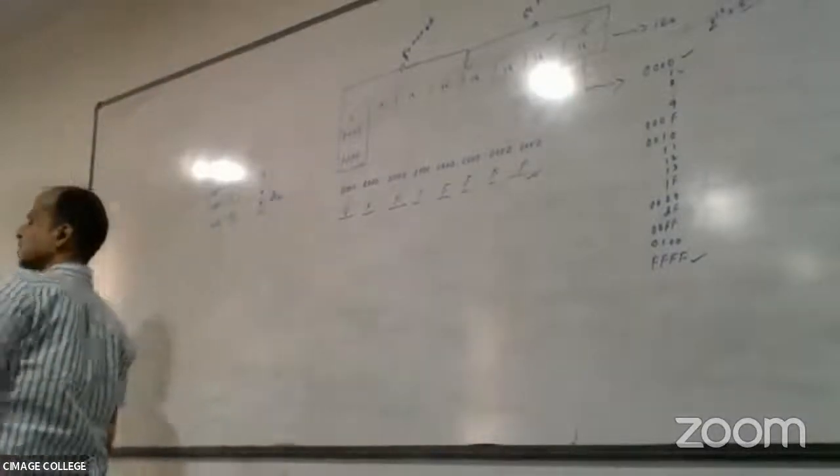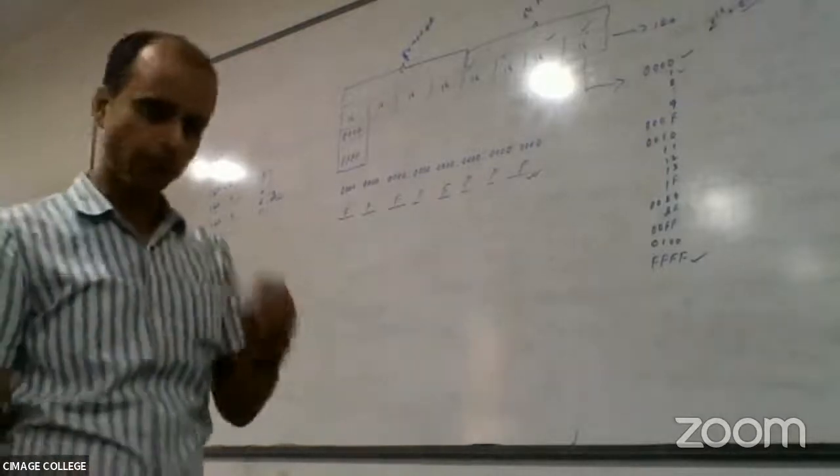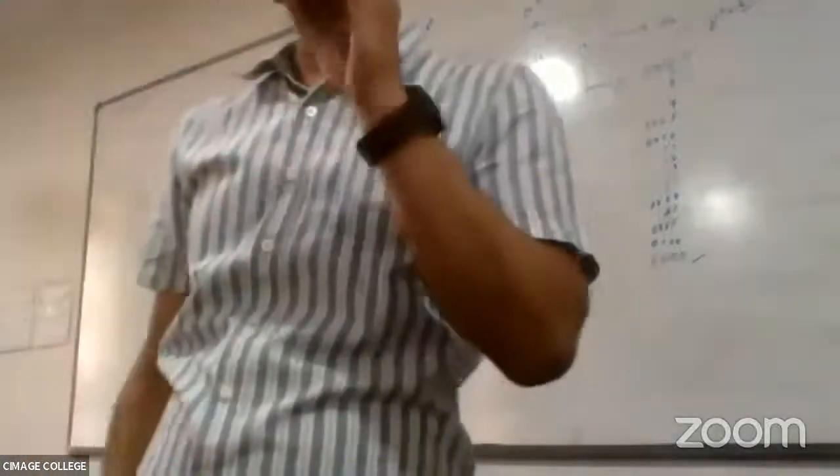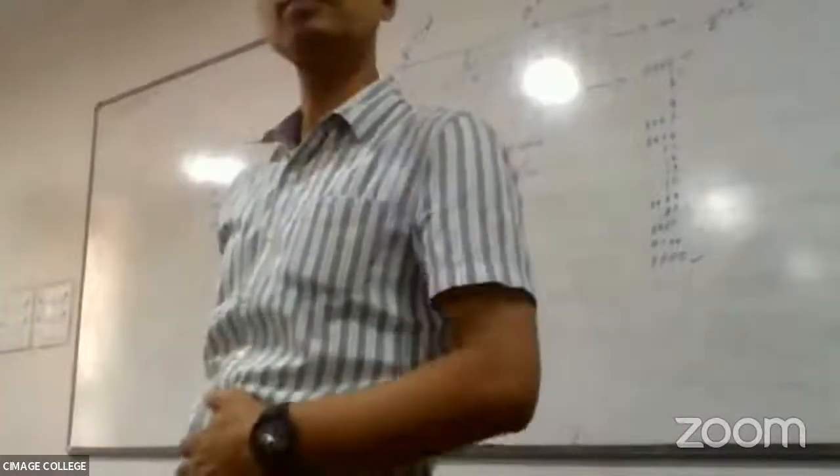There is no concept of subnet mask. There is no class. There is no concept of subnet mask. Because in case of IPv4, we have seen that whenever we give an IP address, at the same time we should provide a subnet mask also. Yes.